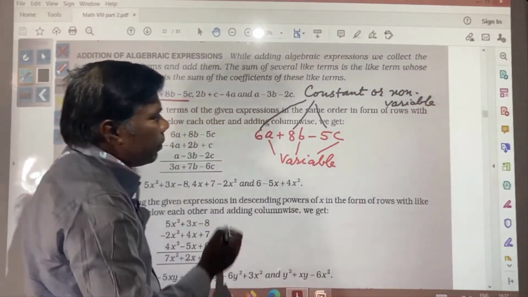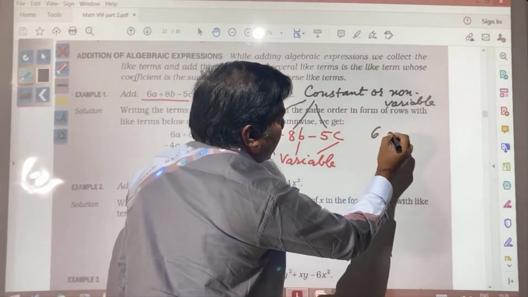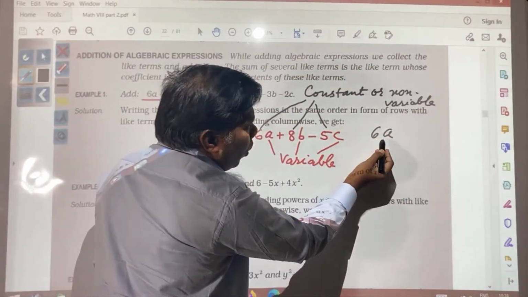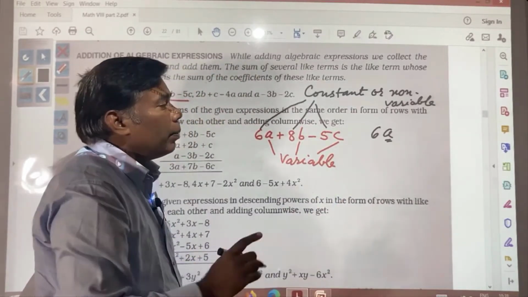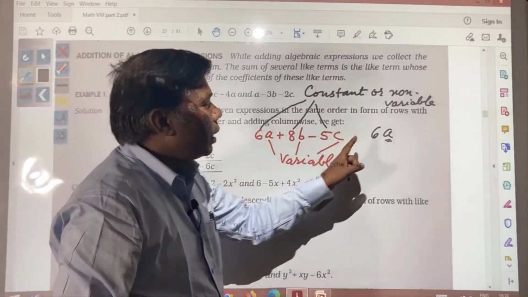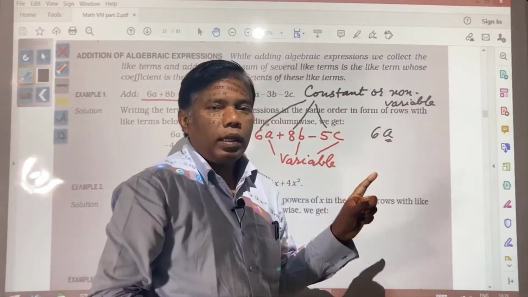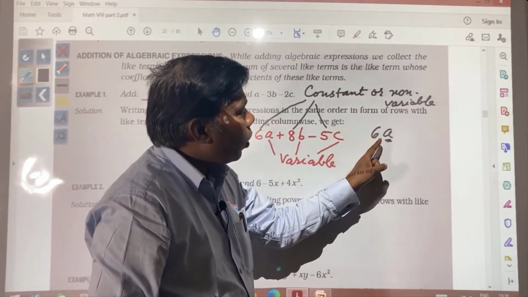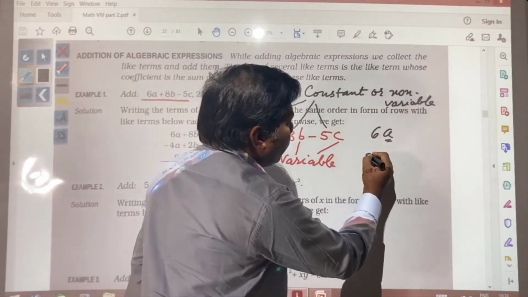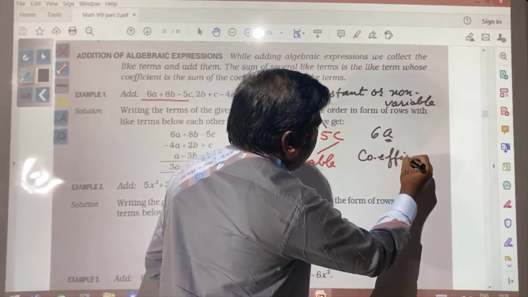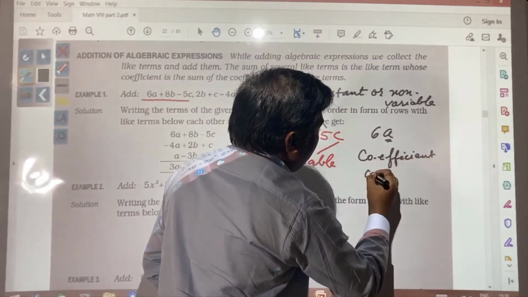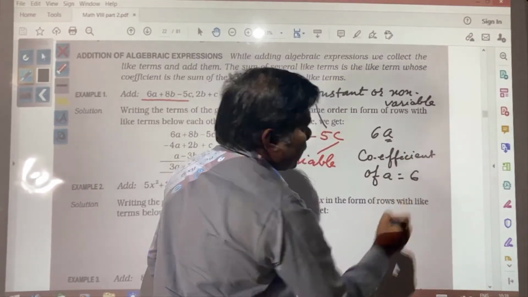Now here you see, if it has been written 6a, here coefficient of a. Coefficient of a means the number which is getting multiplied with a. That will be called the coefficient of a. So here coefficient of a is equal to 6.